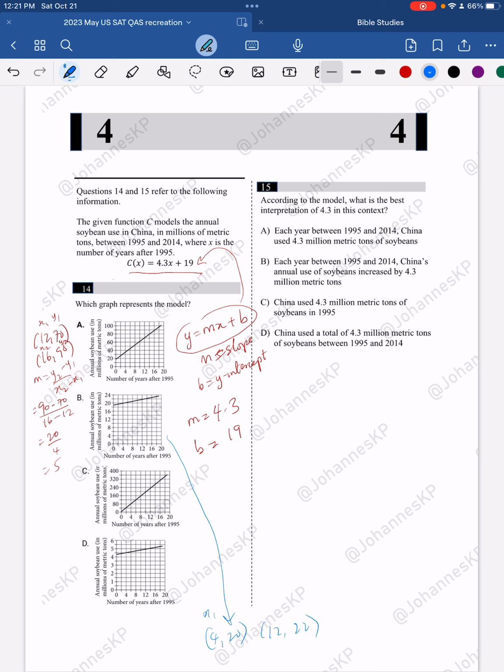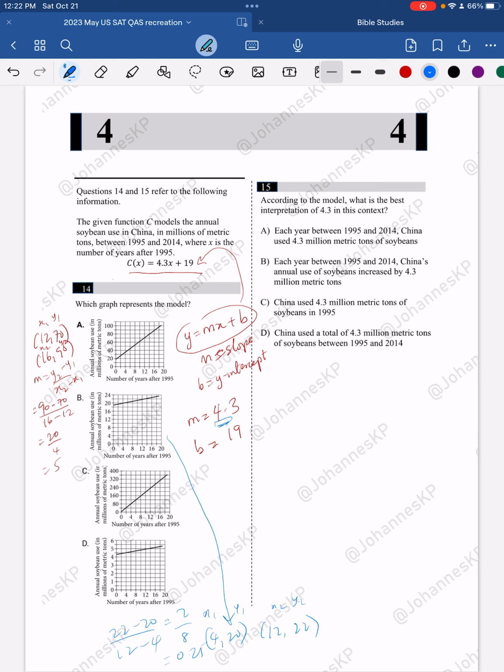So x1, y1, x2, y2: 22 minus 20 divided by 12 minus 4. So this is 2 over 8, which is 0.25. So 0.25 is not close to 4.3 at all.